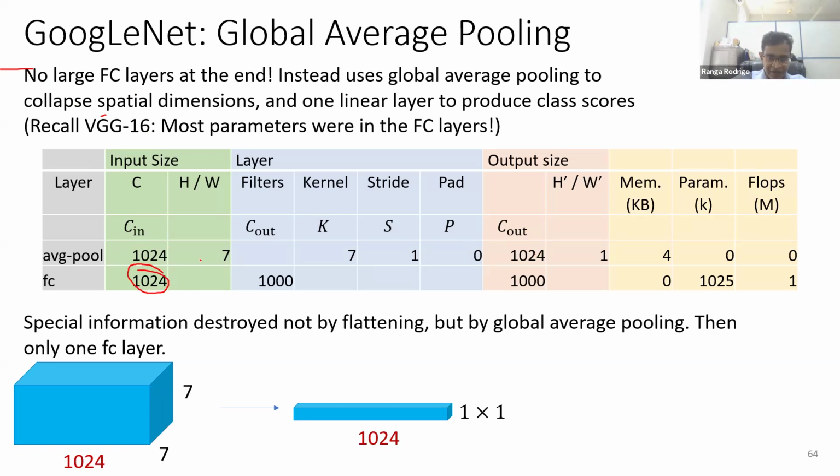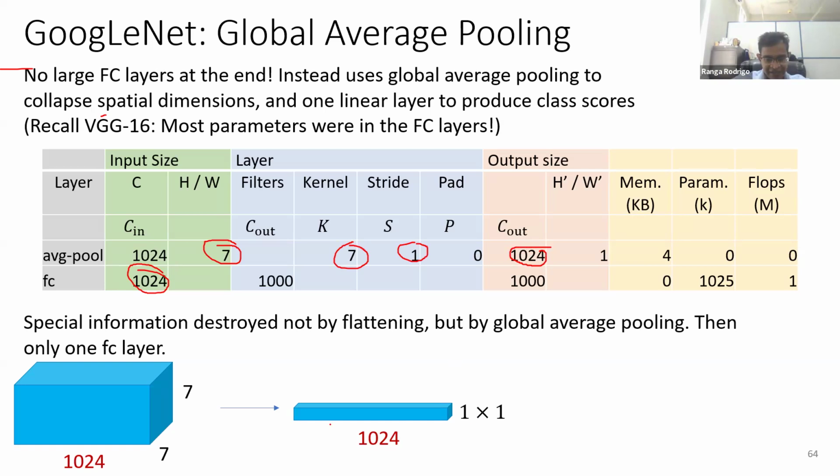and the spatial size is seven. So you run a 7 by 7 kernel with stride one with 1024 kernels like that.